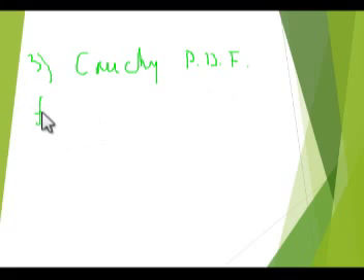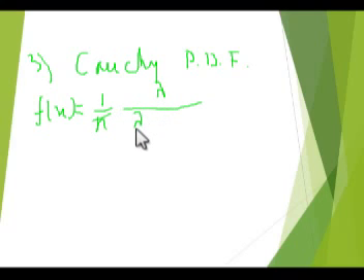Here f(x) is equal to 1 by pi, lambda by lambda square plus (x minus mu) whole square, where x can take any value from minus infinity to infinity.